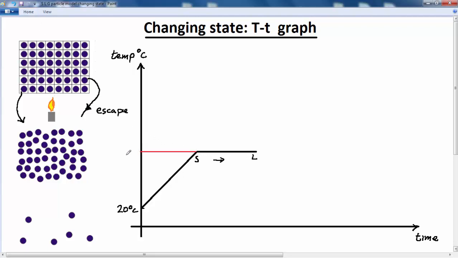Now we call this temperature the melting point of the solid. And while the solid's melting, its temperature remains constant. Eventually all of these particles will have changed from the solid into the liquid state. So now we have a new kind of prison, if you like.